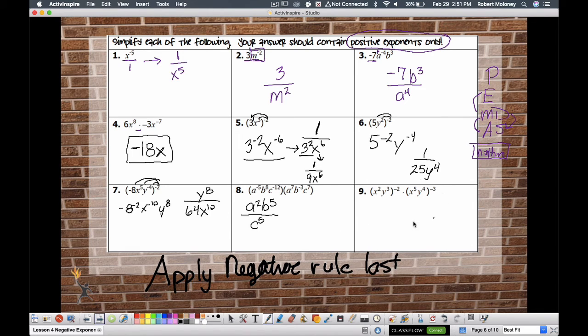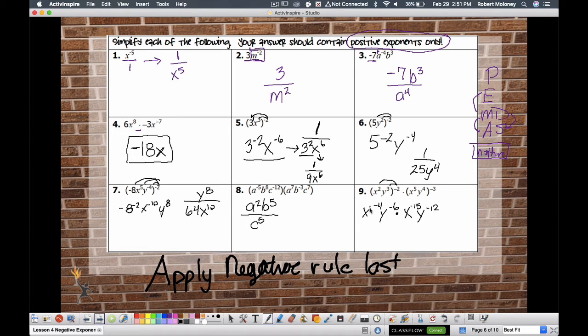Now this one is a multi-step problem. It has both the power rule and the product rule. So we start by distributing. Just like the order of operations says, I handle all my exponents before I go into multiplication. So I have x to the negative 4, y to the negative 6. Then we have times x to the negative 15, y to the negative 12.